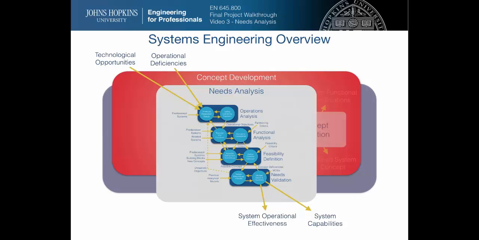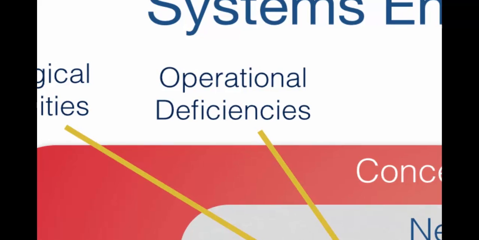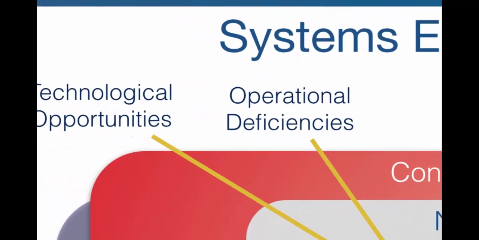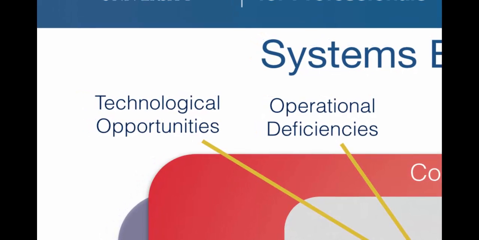The inputs to needs analysis are the same as the inputs to the concept development stage, which are also the same as the inputs to the entire systems engineering lifecycle. The first is operational deficiencies in an existing system, and the second is technological opportunities that may be used to improve quality of life, replace existing technologies, or perform a function that was previously unachievable.